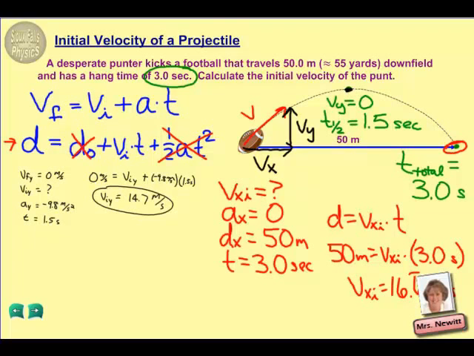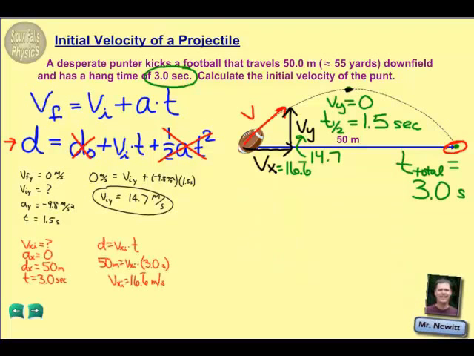In the y direction, we had an initial velocity of 14.7, and in the x direction, an initial velocity of 16.6 repeating. Notice then that actually our diagram was reasonably close to scale because those two components are reasonably close to the same amount, and that tells us we do have close to a 45-degree angle.